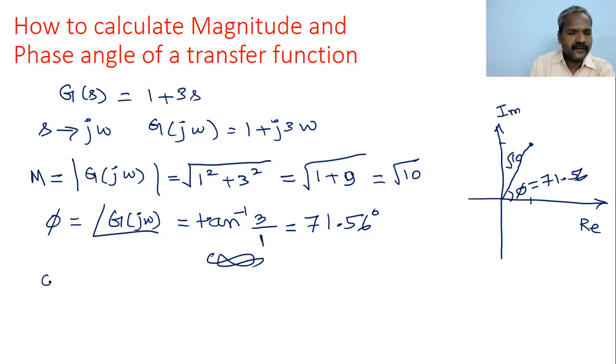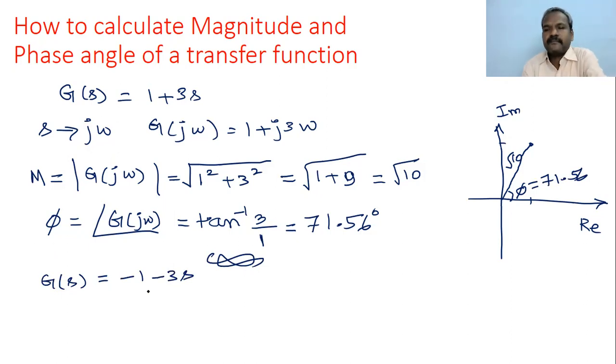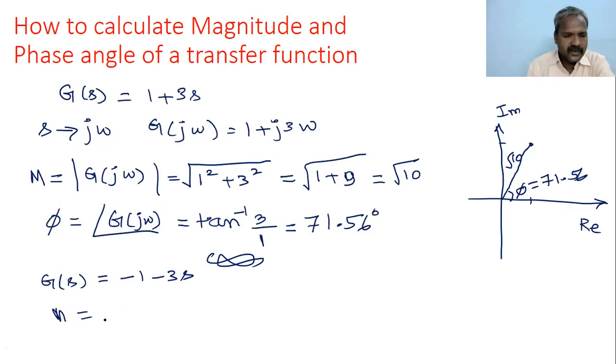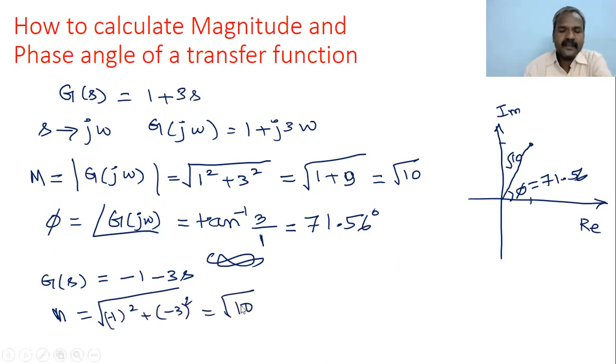Say G of s equals minus 1 minus 3s. So what will be the magnitude? Magnitude will be the same. Magnitude equals square root of minus 1 square plus minus 3 square. This will again be root 10.